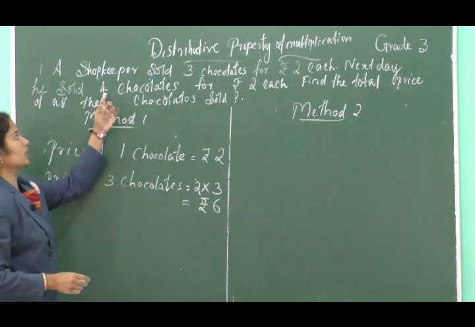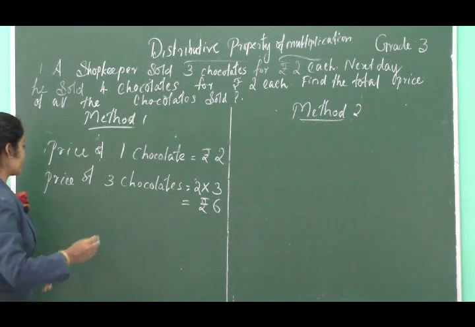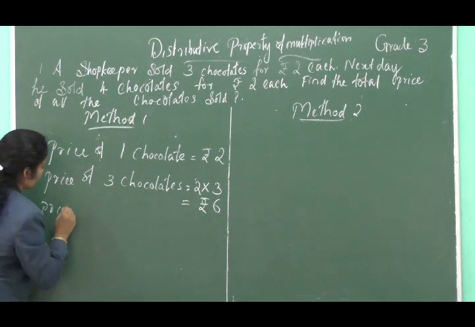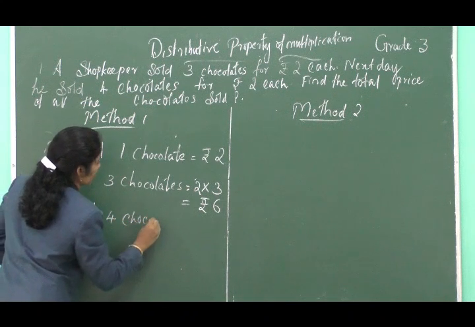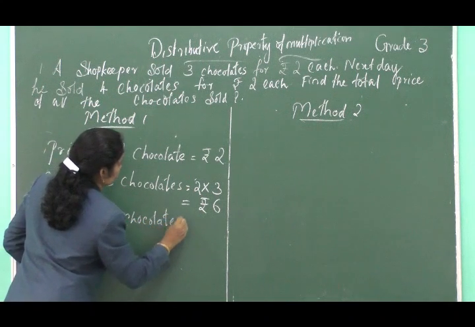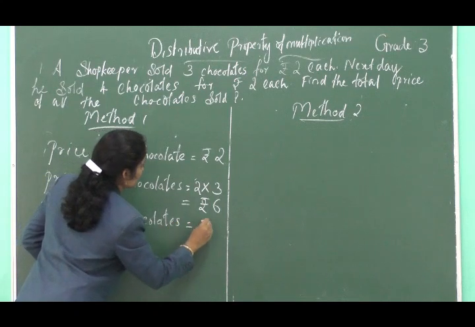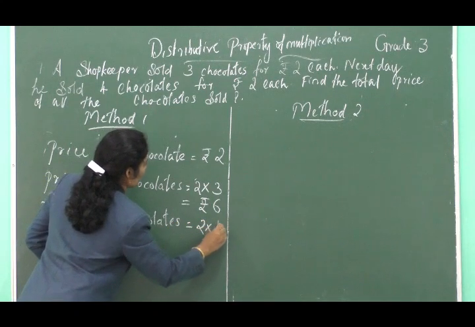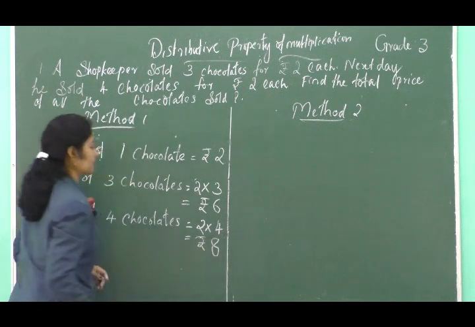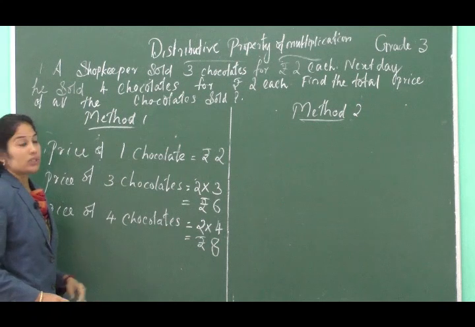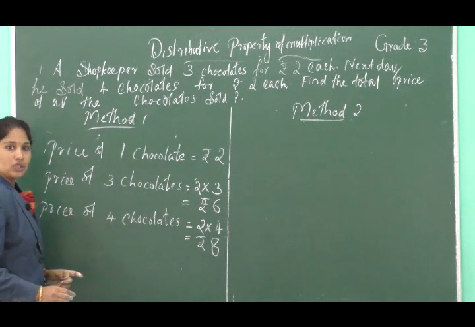Next we have to find out 4 chocolates price. So price of 4 chocolates is equal to 2 into 4. 2 into 4, 8.